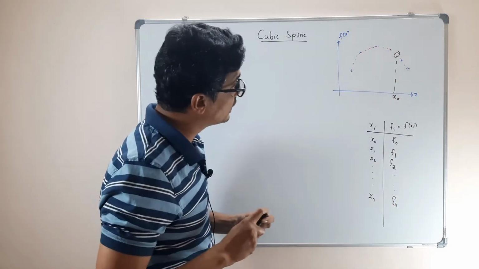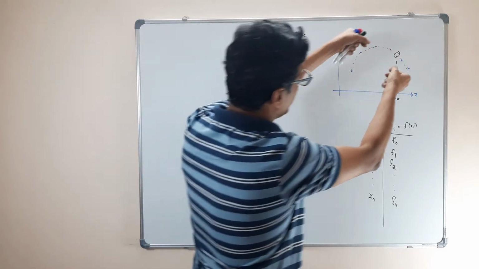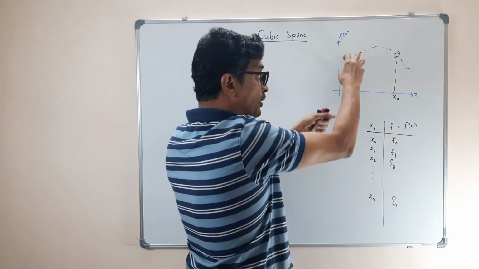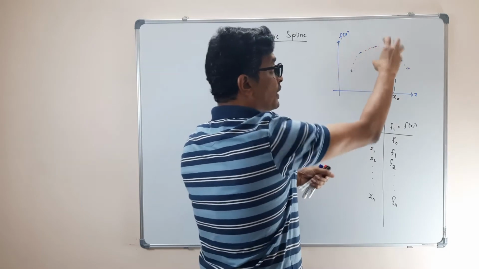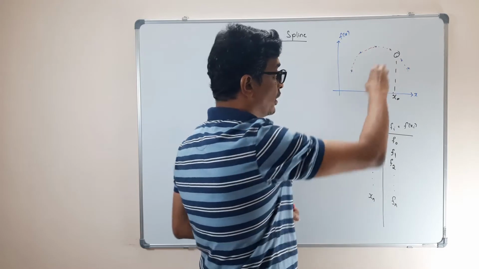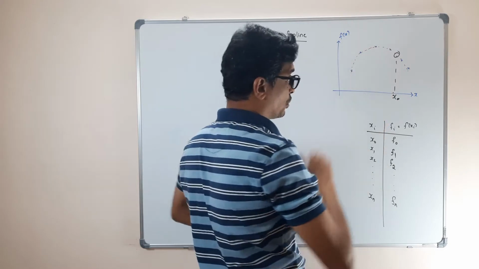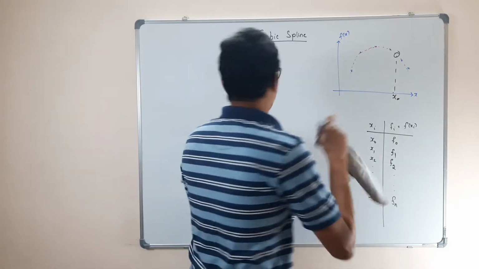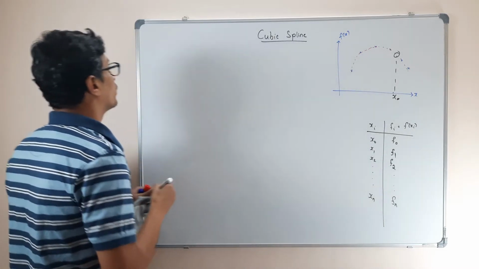The advantage of this method is that, since you are splining over the neighboring points, the effect of faraway points will not be that dominant at the point where you are going to interpolate. This is the advantage of spline interpolation.